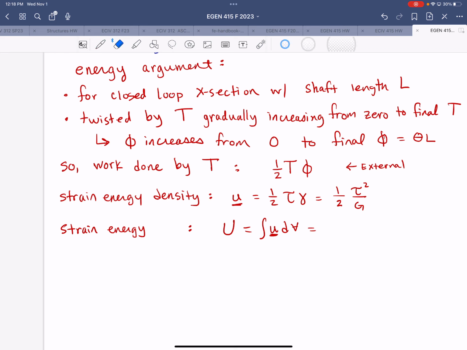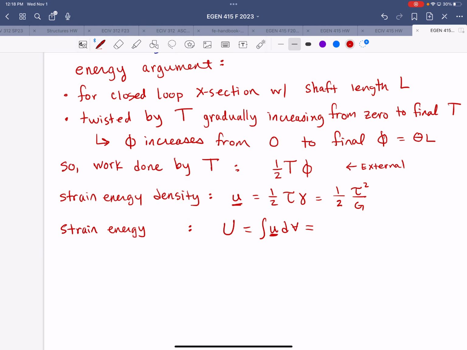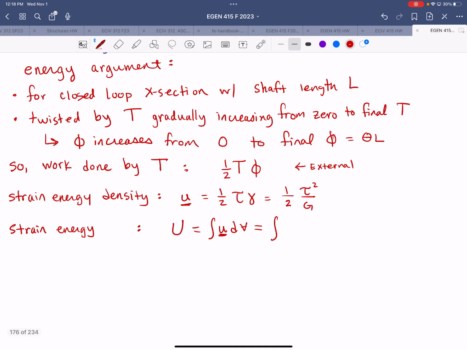And since the cross-section is a closed loop, we can write this as the integral over a closed loop, which you may or may not have seen before in one of your calc classes, where we just superimpose a circle over the integral symbol to denote that.